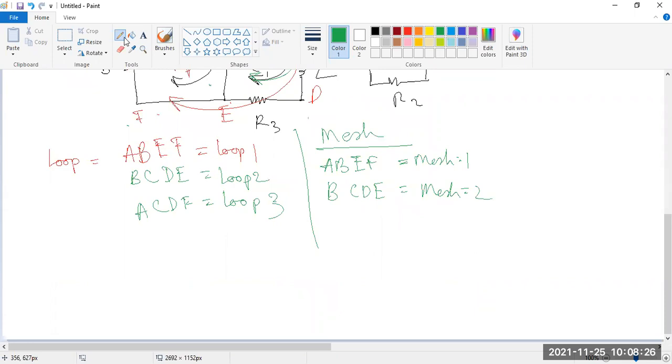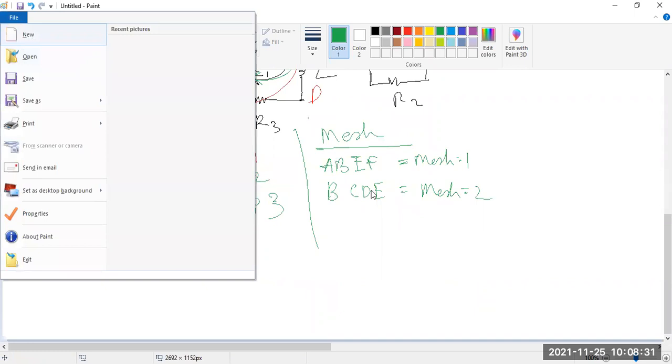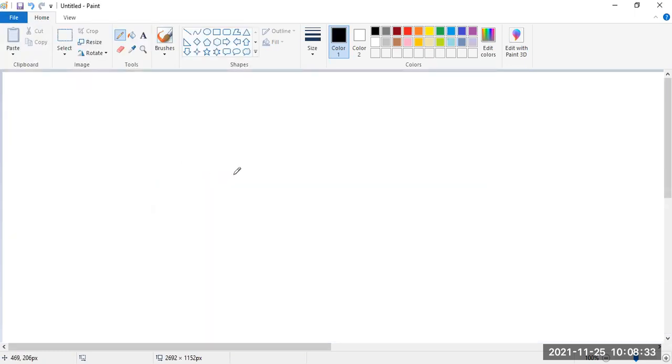Now go for an example so that you can understand these things. Look at this circuit. This is resistance R3. This is resistance R4. This is a battery source V3, this is plus, this is minus.